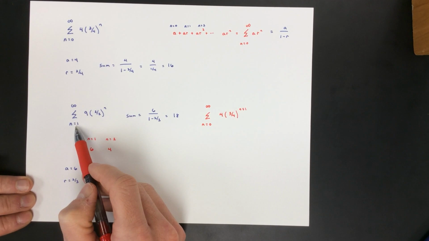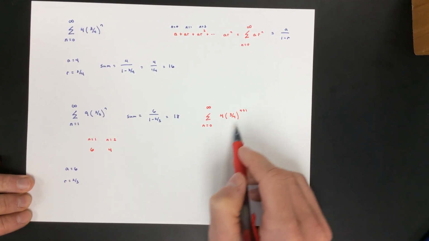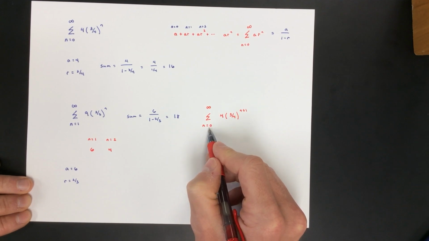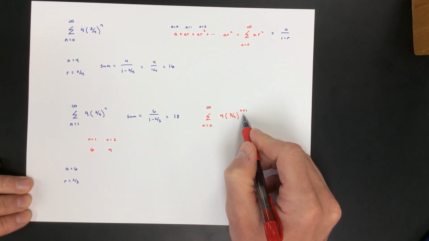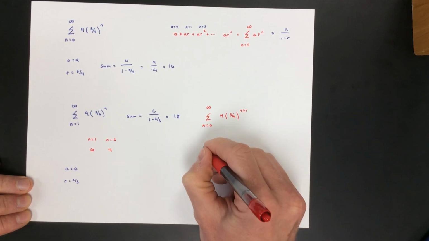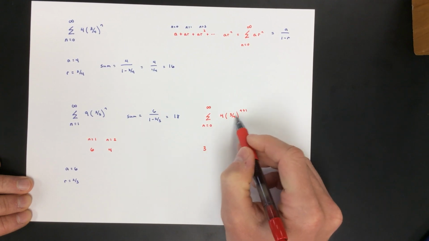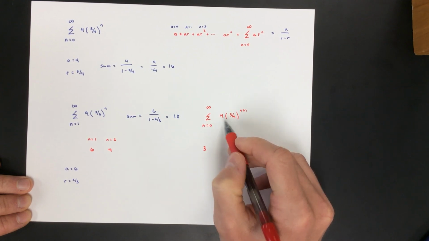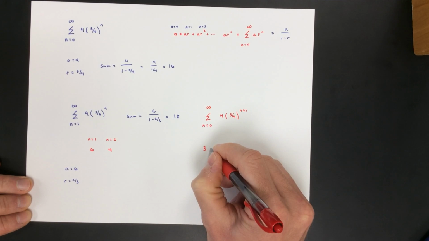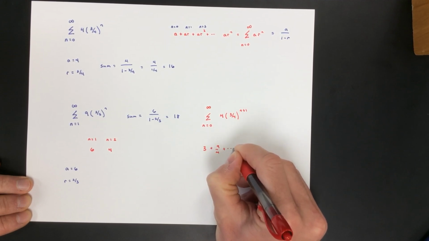If they shift it here, you have to do a little work to figure out what a is. Here, n equals 0 is our first term, but when you plug in n equals 0, you get 4 times 3/4, which is 3. So 3 is actually our first term. And then when n equals 1, you get 3/4 of that, and I guess that next term would be 9/4, plus dot, dot, dot.